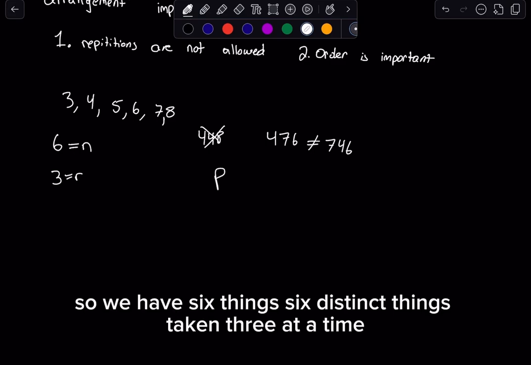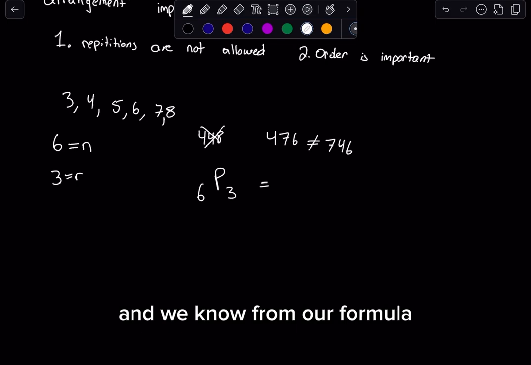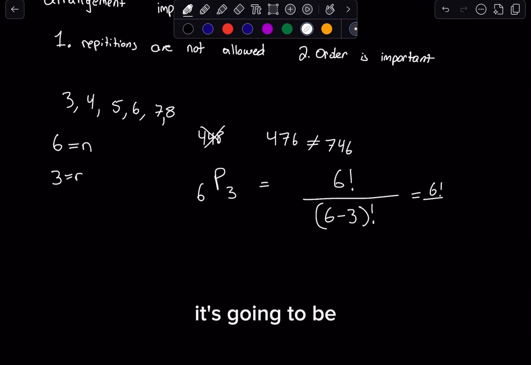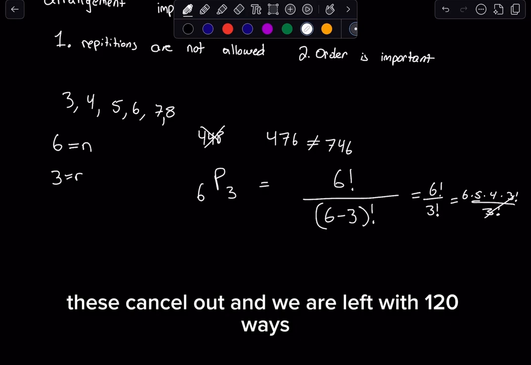So we have 6 distinct things, taken 3 at a time. And we know from our formula, we're going to have 6 factorial over 6 minus 3 factorial. These cancel out, and we are left with 120 ways.